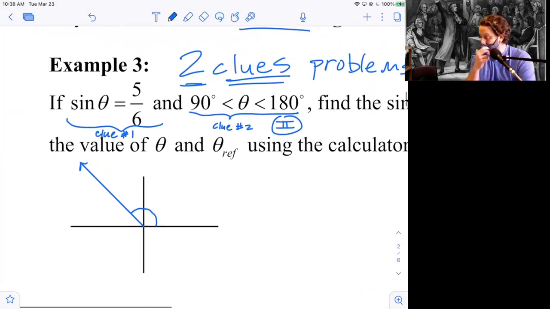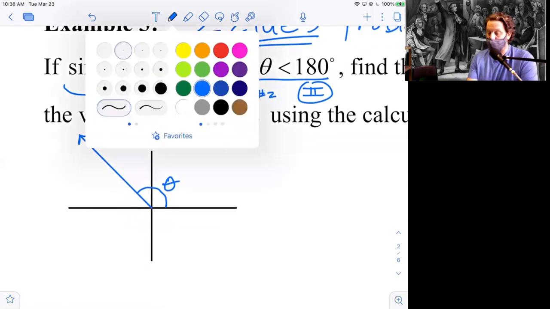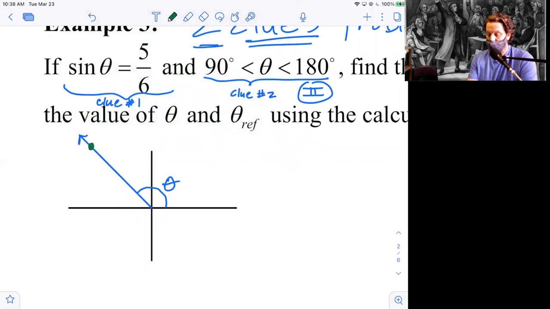Now, from there, I'm going to label this as theta. Make sure you label that as theta. I don't know what theta is, but it puts me in quadrant 2. From there, go ahead and drop yourself a perp from a convenient point on the axis, enough so that you make a triangle that is easily manageable, so that you could draw in it easily.